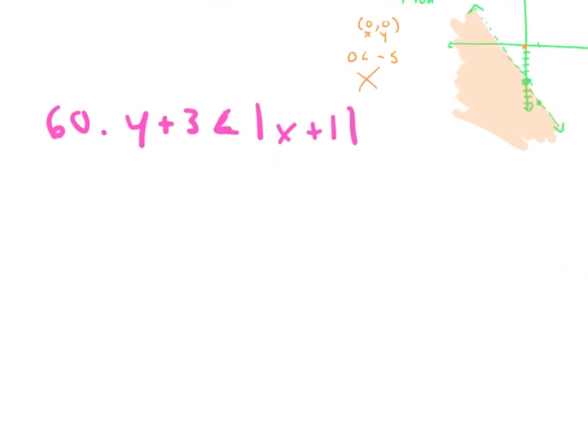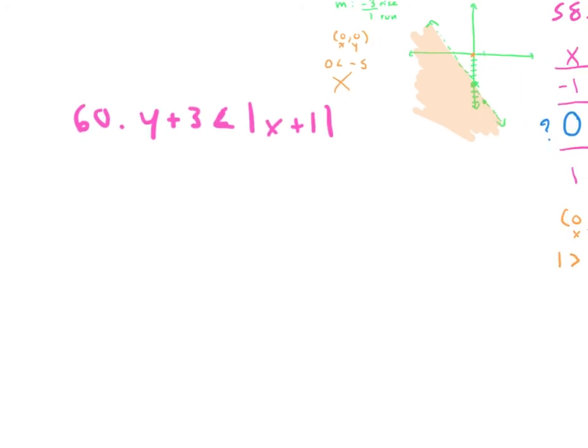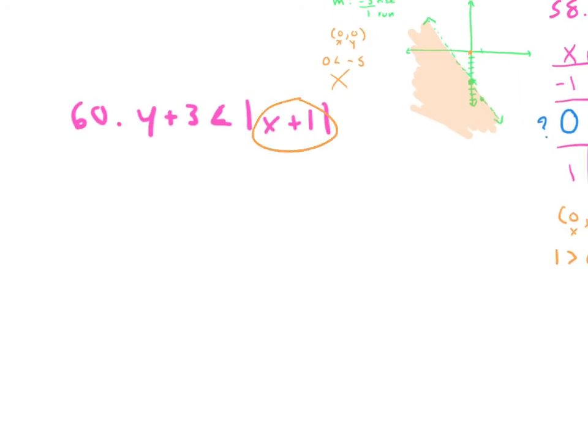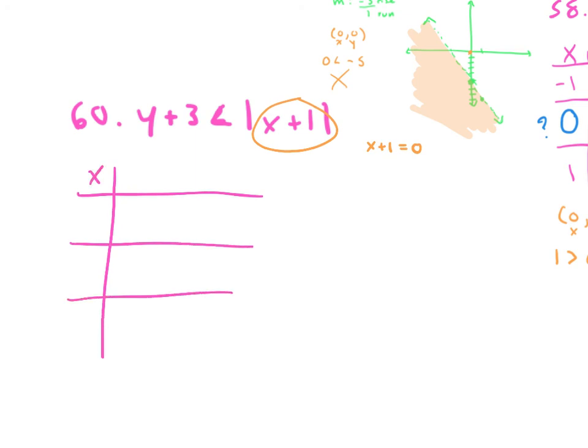What do we need to do first here? x plus 1 equals 0. x plus 1 is equal to 0. So what do we get for x? Negative 1. So we're going to plug in negative 1.